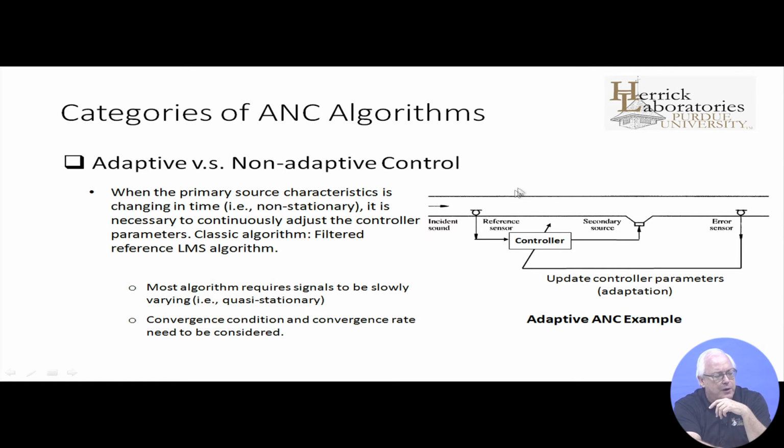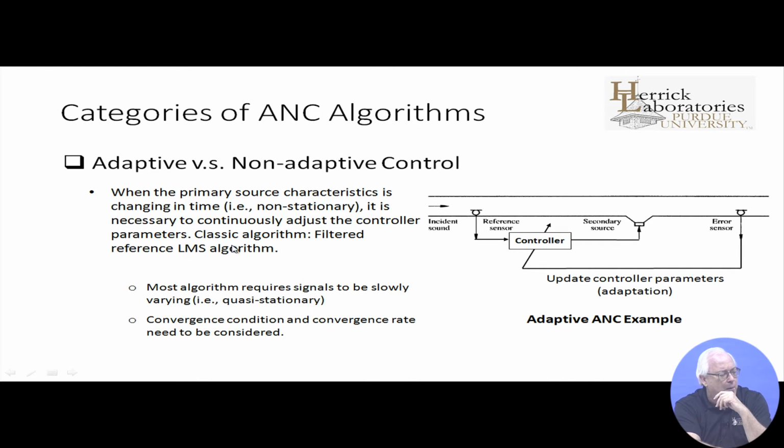If the environment here is changing, for example, maybe the temperature changes so the speed of sound changes, or if there's a bit of flow here, the flow speed might change. So the system needs to be able to identify itself as time goes on and adjust itself to account for changes as the situation operates.